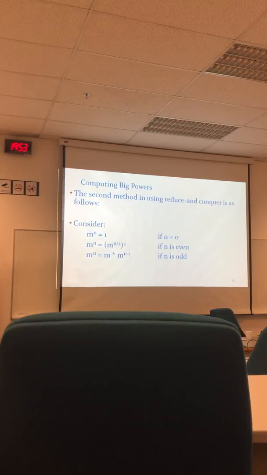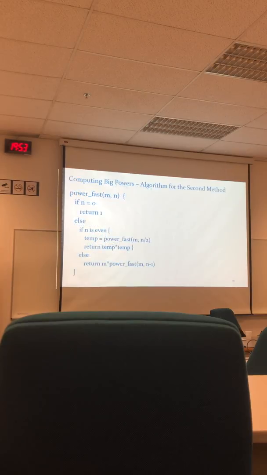So now, based on this formula, we can design a reduce and conquer solution for computing m to the power n, to make the computation faster, because very often, especially in security, we need to compute the value for a very high degree. Okay? So this is the way we do it.